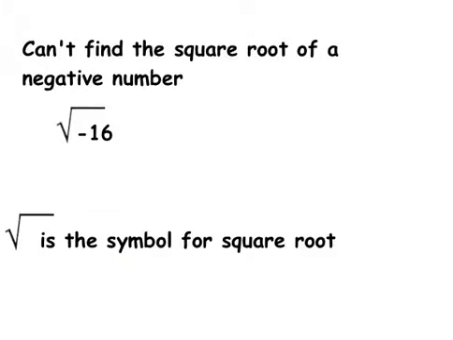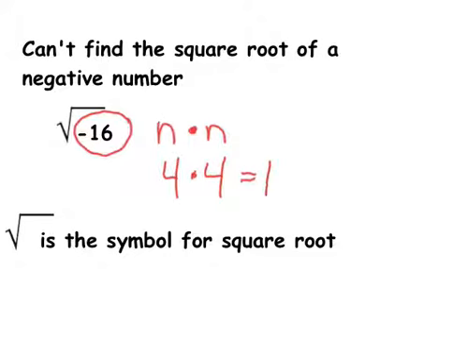Same thing. The square root of negative 16. I have to ask myself, what number times itself equals negative 16? Now you might be thinking 4 times 4. But 4 times 4 is 16. And that's not what I have here. I have a negative 16.